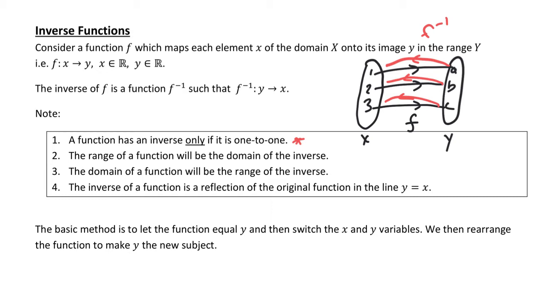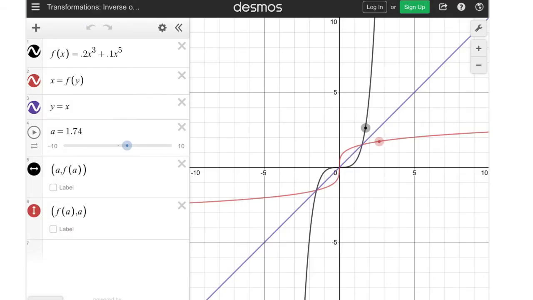And we may have already seen that in certain things already, if we think to other graphs. What we can see here is a graph of a function and its inverse. And we've also got the line of y equals x drawn. So y equals x is the purple graph. Our f of x is this black graph, which kind of looks like a cubic, but it's actually to the power of 5.